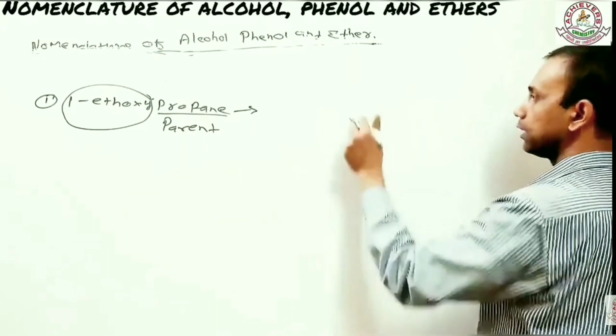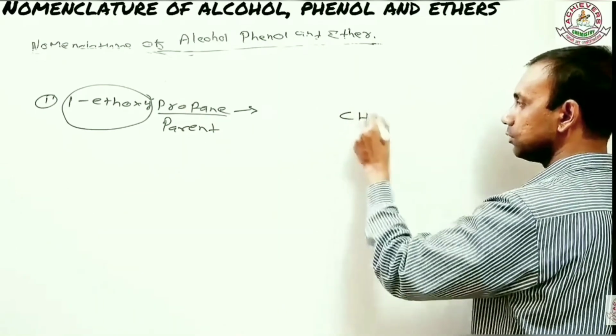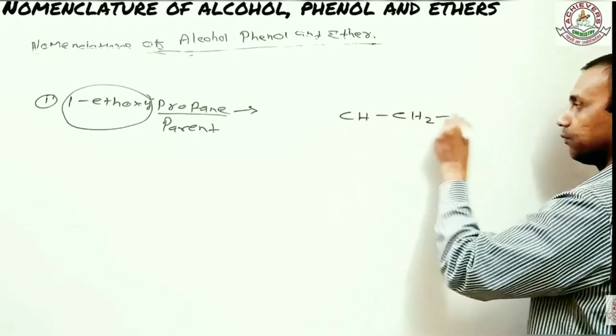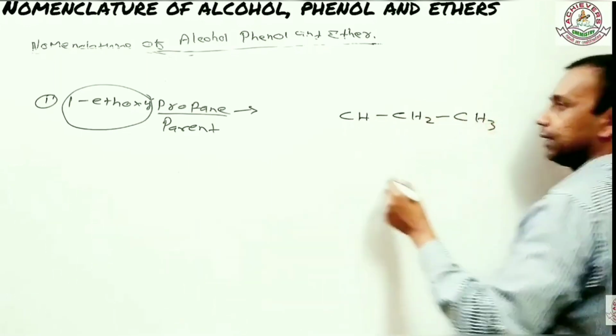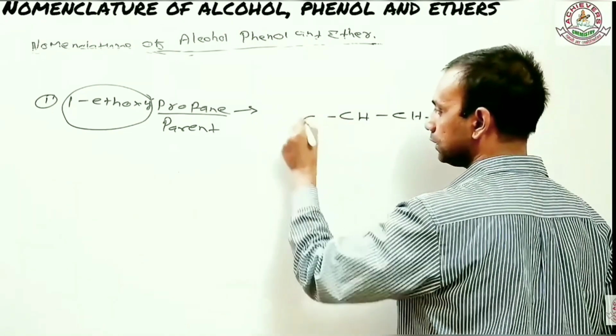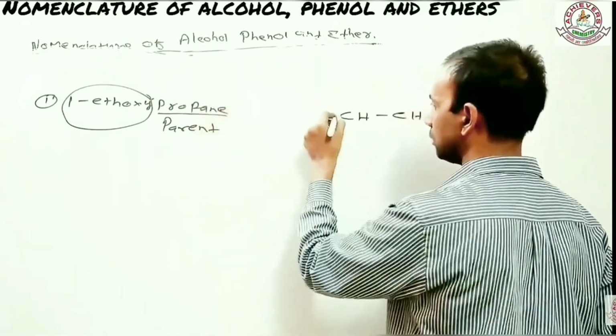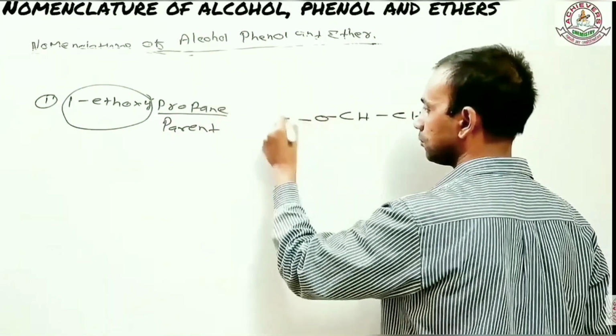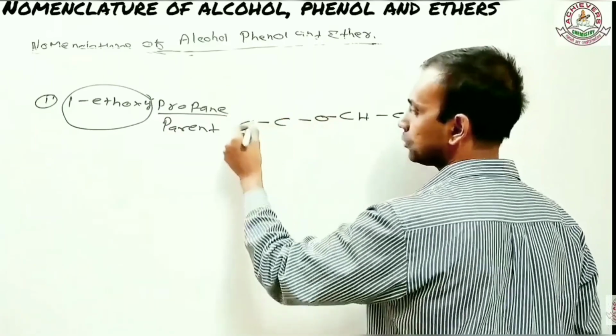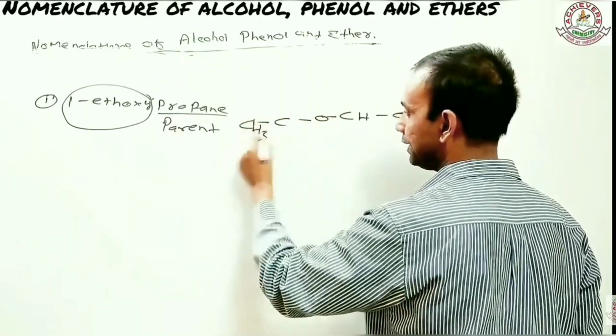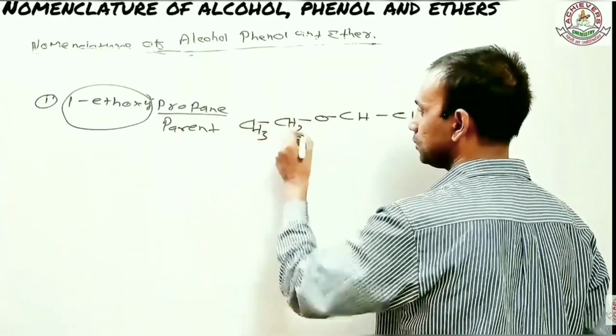And in case you want to write it completely, this is going to be CH, CH2, and finally CH3, right? And then you have oxygen with 2 carbon. In case you need to write the formula, CH3, and that's going to be CH2.